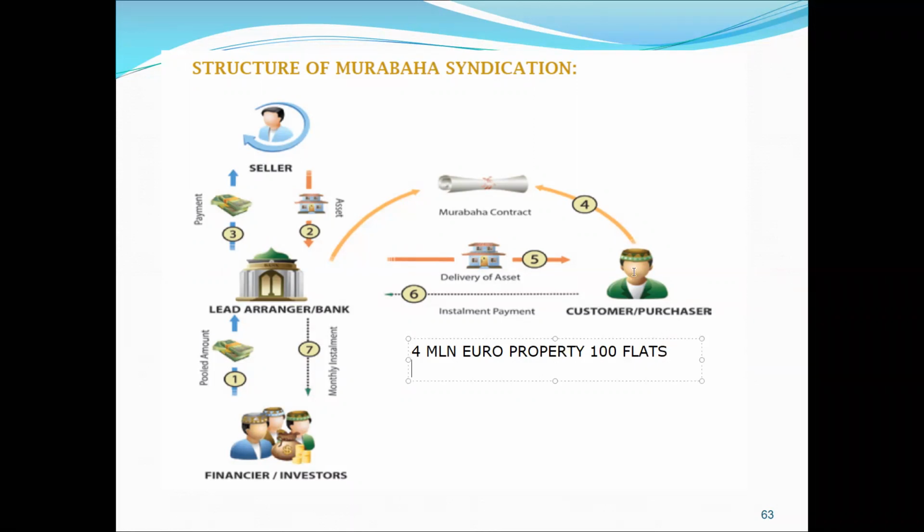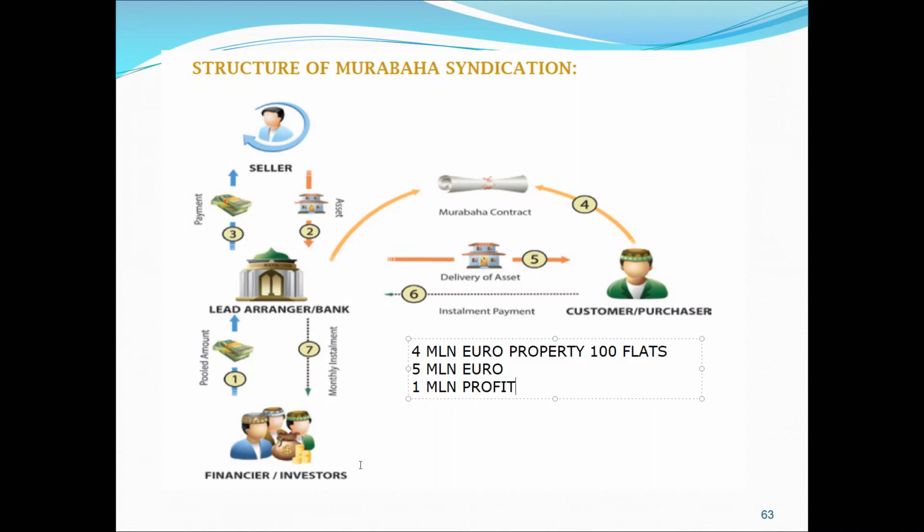It can be not only one customer, it can be 100 customers, okay? I'm selling to 100 customers, but with some profit markup, and we make, let's say, 5 million euro in total over 2 years. So our profit will be equal to 1 million.